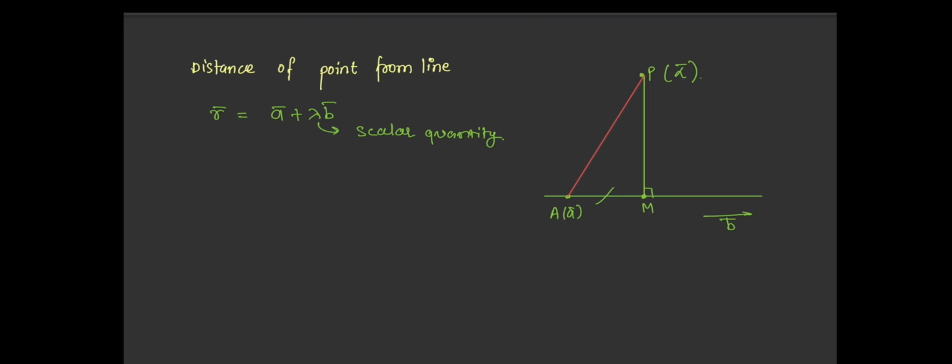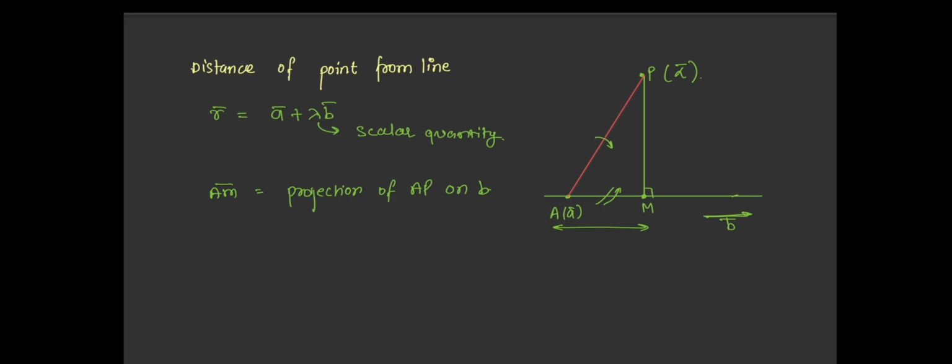We see that this AM is nothing but the projection of AP on this line, or b bar. So we can say that AM bar is the projection of AP on b.